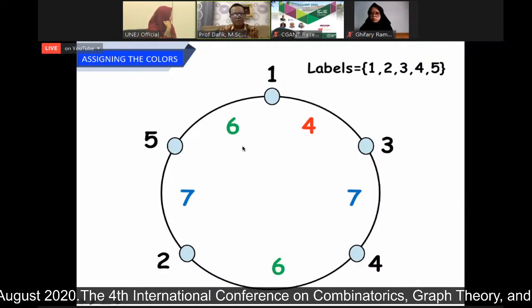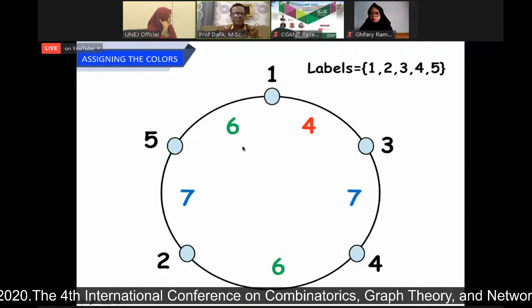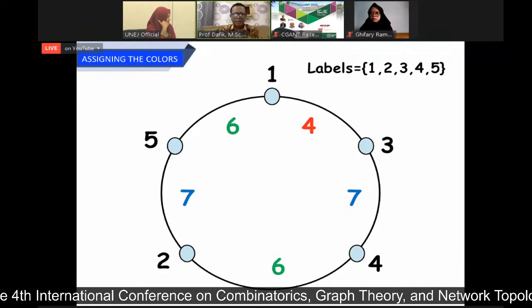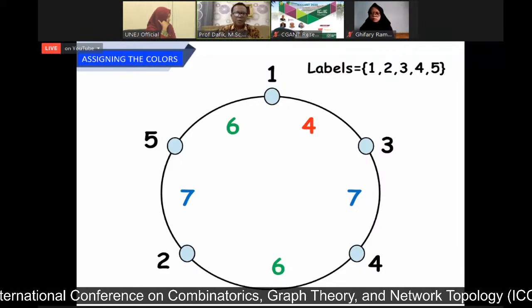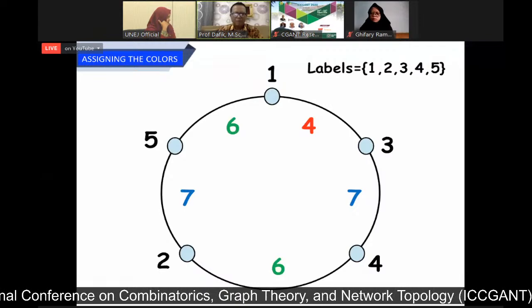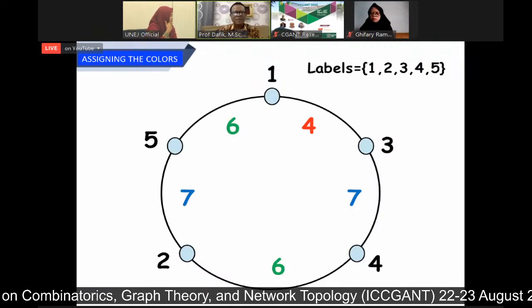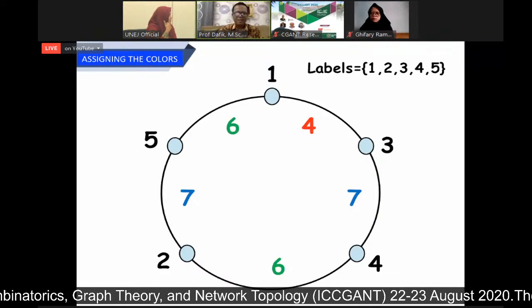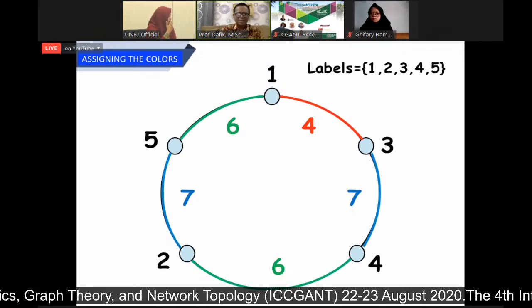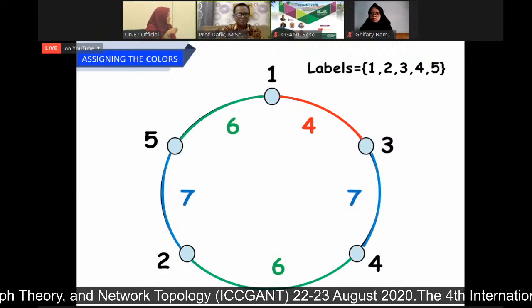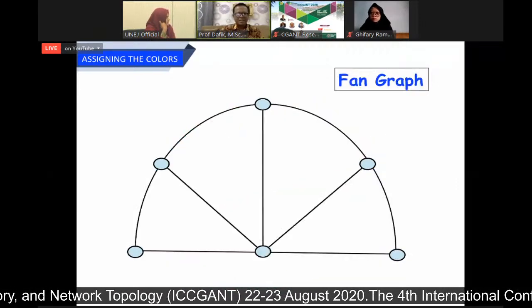Normally, if we have a rainbow coloring, we do not assign labels on the vertices. But for rainbow anti-magic coloring, we start by assigning labels to the vertices. Look at that one. The path is different. That's a rainbow.